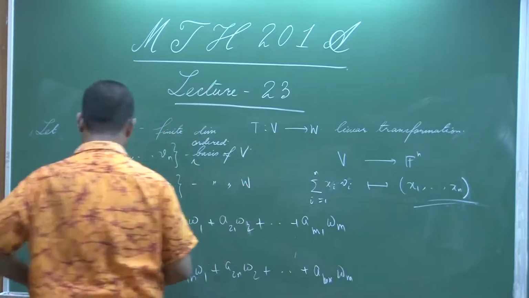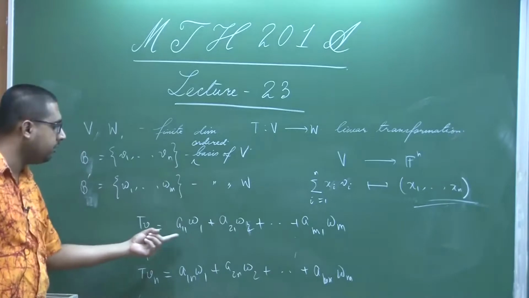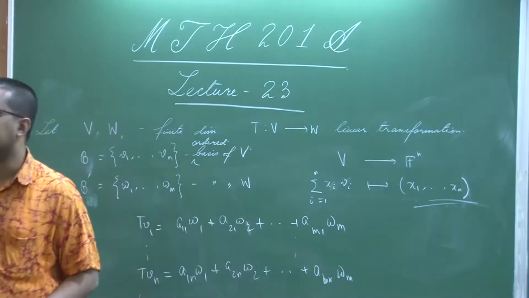So corresponding to each i, we have exactly m many coefficients.